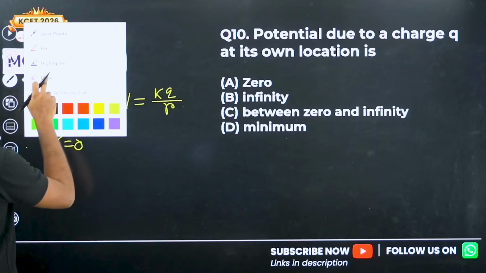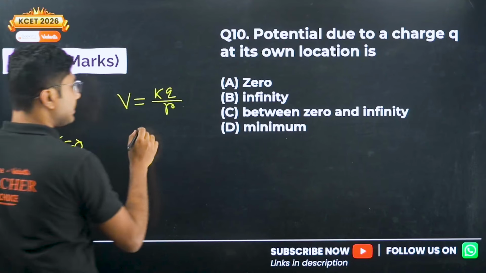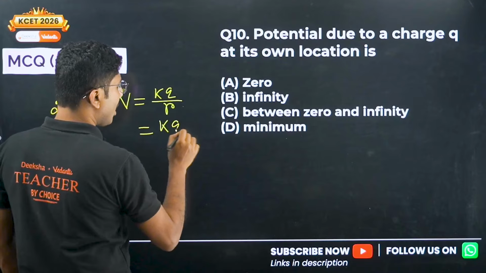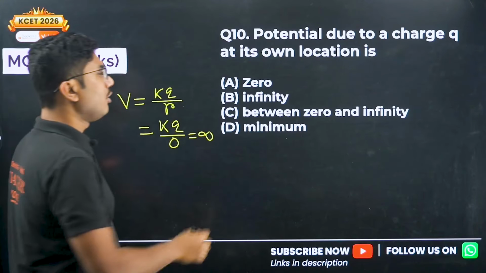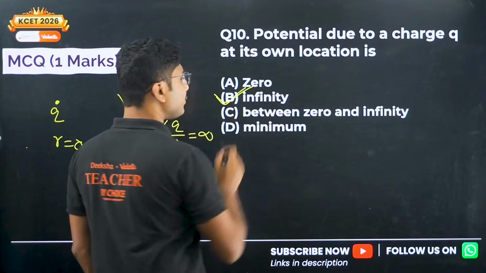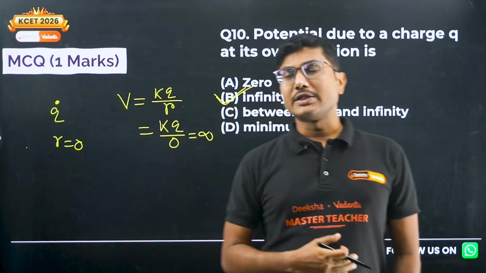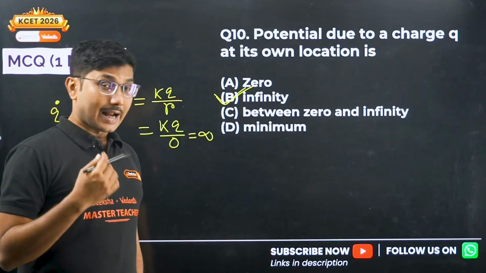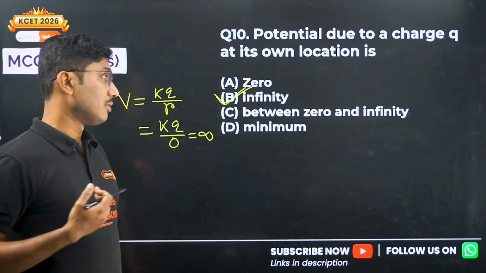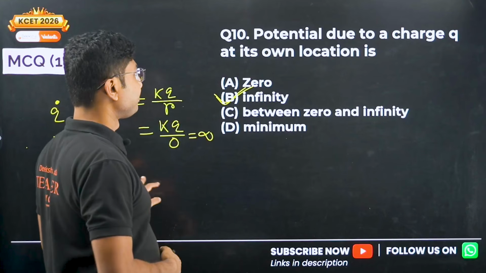At the location of the charge, the distance is 0. So if you put distance 0, you get KQ upon 0, which is definitely infinity. At its own location, not only the potential but the electric field is also infinity. Whenever you are considering a point charge, at its location the field and potential both become infinity.